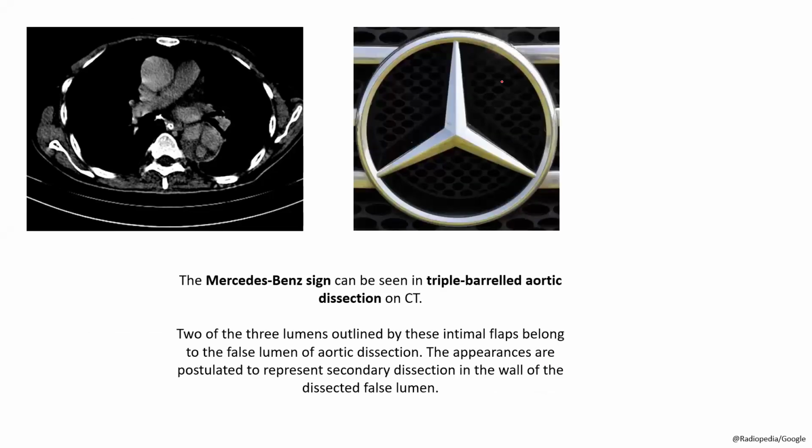What is happening here? This is Mercedes-Benz appearance or Mercedes-Benz sign, which is described in triple barreled aortic dissection, in which we can find 3 lumen. So out of these 3 lumen, only one is going to be true lumen, the other 2 are going to be false lumen, and it is because of secondary dissection in the wall of the false lumen.